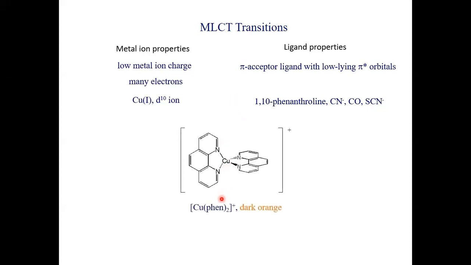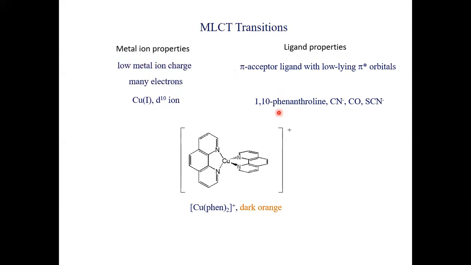This explains, for instance, the intense dark orange color of this copper 1 phenanthroline complex. Our copper ion is a d10 ion, which has a lot of electrons with a low charge at the metal.